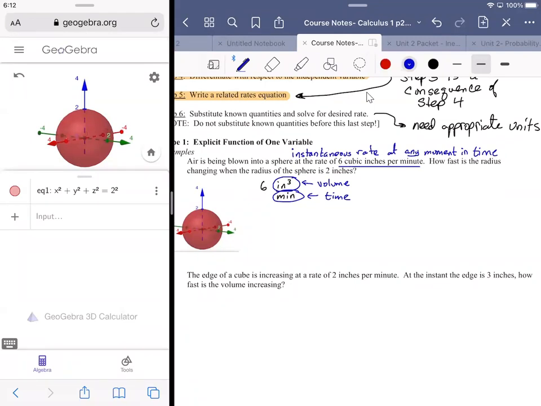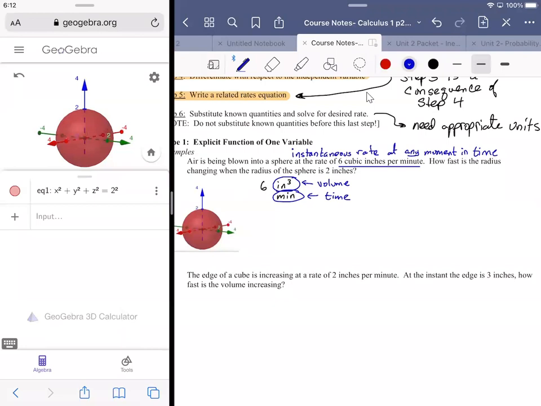The key word there being instantaneous. Now, they can't really write it like that. They can't say air is being blown into the sphere at an instantaneous rate at any moment in time of 6 cubic inches per minute. How fast is the instantaneous radius changing when at any moment in time the radius is... it gets a little too wordy, is what I'm getting at here.